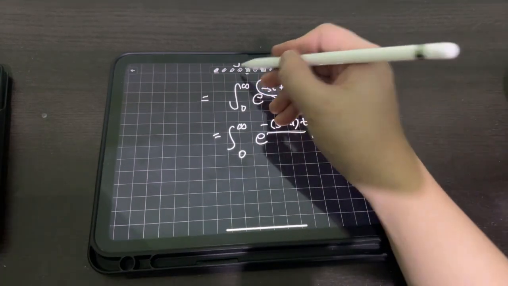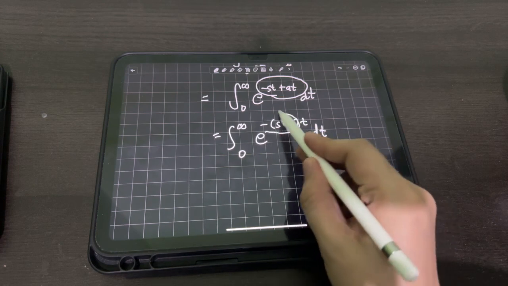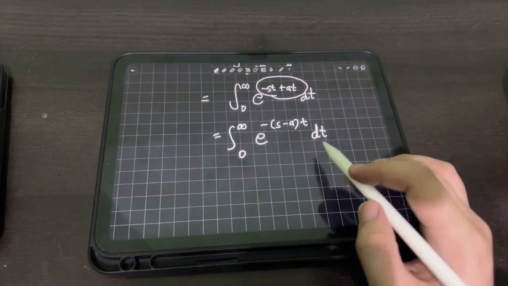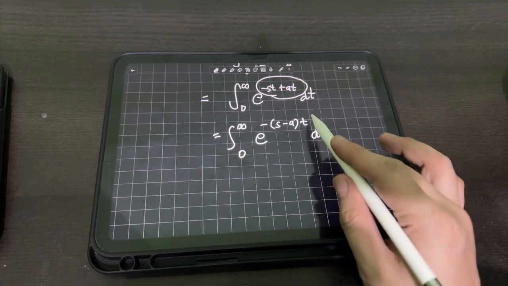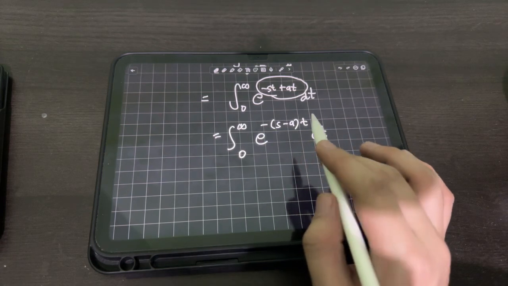So how do we evaluate this integral? Notice that this negative quantity s minus a is just a constant with respect to t, right? Because the independent variable here is t. So we can consider this negative quantity s minus a as constant.